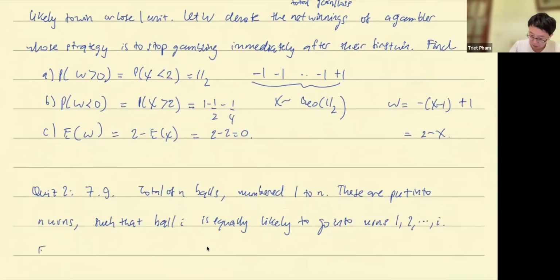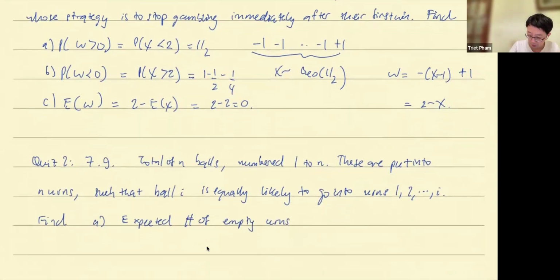Find 1, the expectation of the number of empty urns, and 2, the probability that none of the urns is empty. Okay.